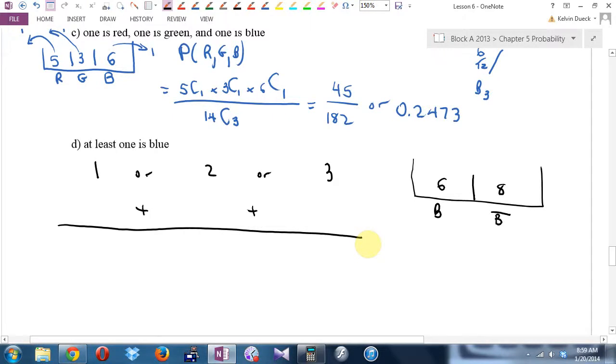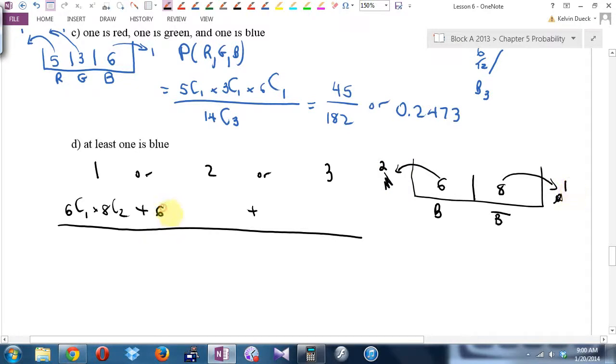Let's do 1. So if we want 1, how many non-blues? 2. So let's write here, what choose what? 6 choose 1, and 8 choose 2. Now I'll scribble out the 1, I'll scribble out the 2. Let's do 2. So that's going to be 2 and 1.